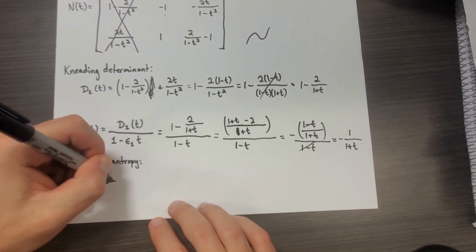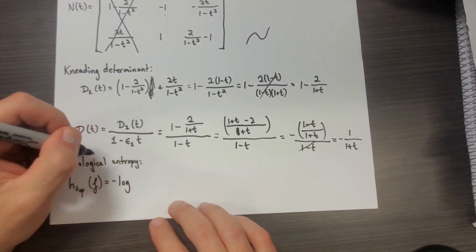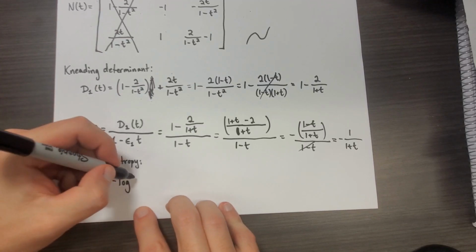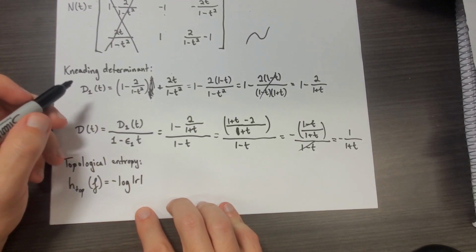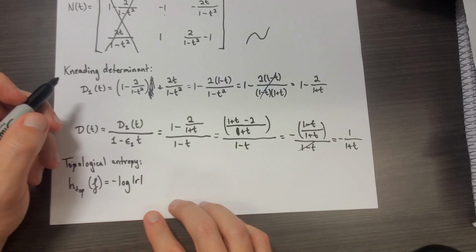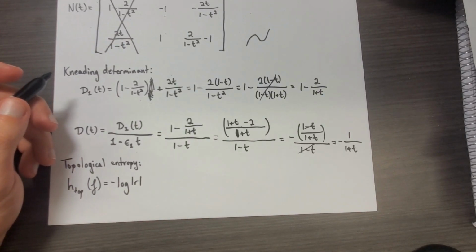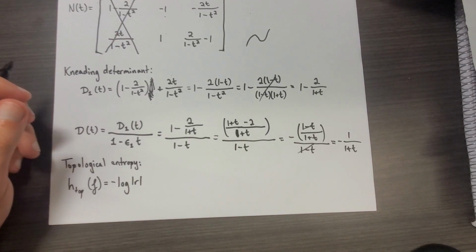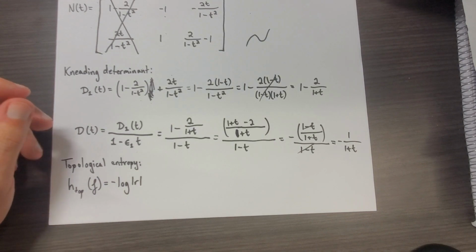That's going to be negative log, and you can choose the base freely, of the absolute value of r, and this is in general non-negative. It could be 0, it could be a positive number, it could be positive infinity, but never negative.